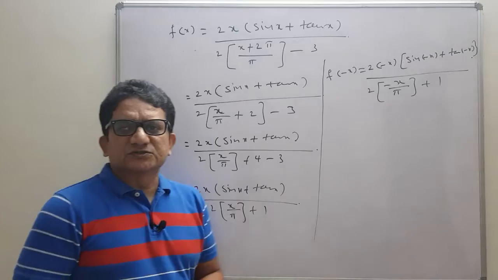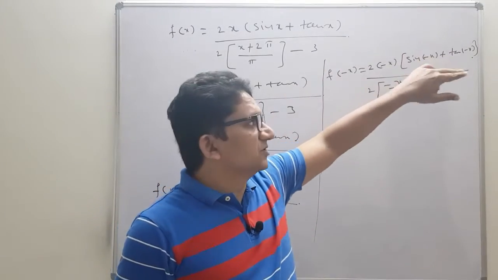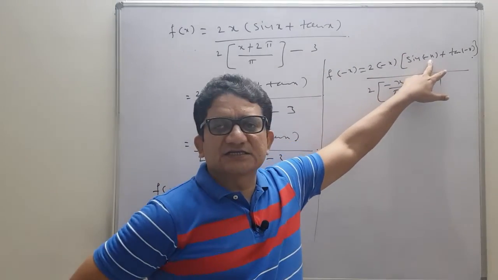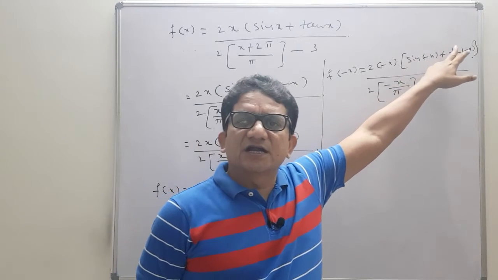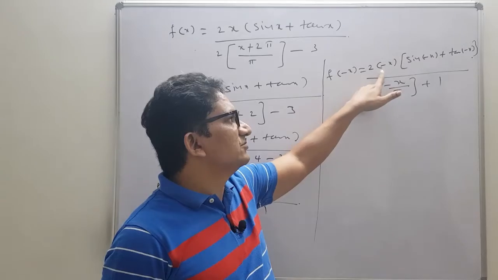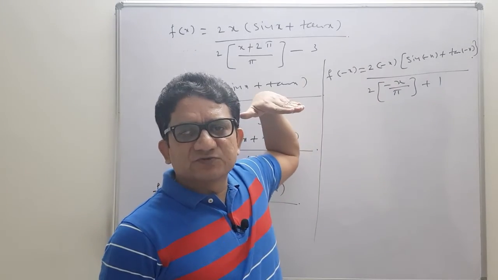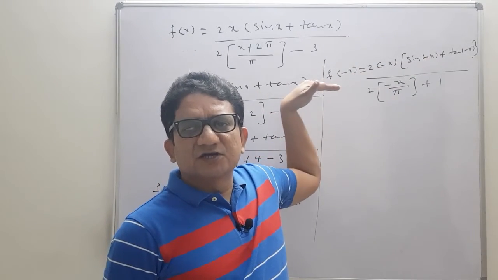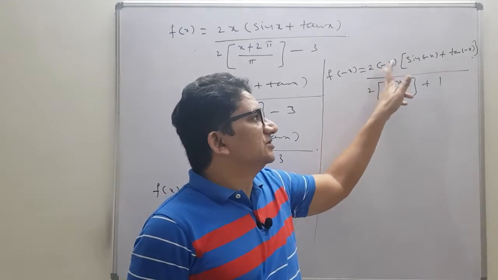Clearly, students, in the numerator, we know that sin of minus x is minus sin x and tan of minus x is minus tan x. Taking minus common, minus into minus is plus. That means one thing is confirmed: the numerator is positive.